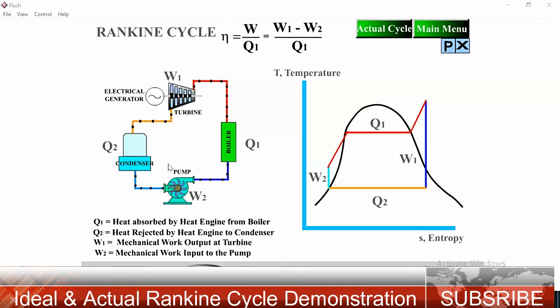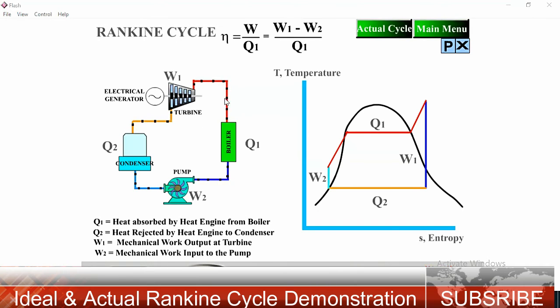The recommended number of feed water heaters is 2. Next is process 5 to 6, the steam drum. At constant pressure in the boiler, the saturated liquid is heated to convert it into saturated vapor by adding latent heat of vaporization. Pressure remains constant in the boiler.